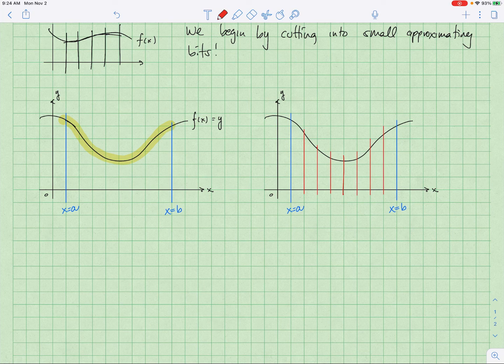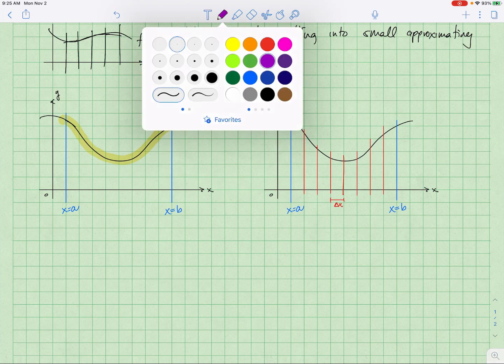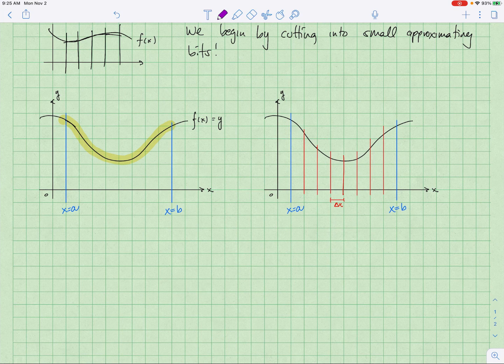So we cut this up, and what we have here is some small change in width that we're calling delta x. Now, for each one of these delta x subdivisions, we're going to approximate, like the trapezoid rule, by drawing some linear connectors to the endpoints of each one of these subdivisions up on the function.